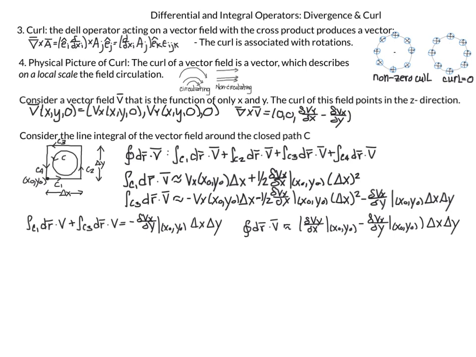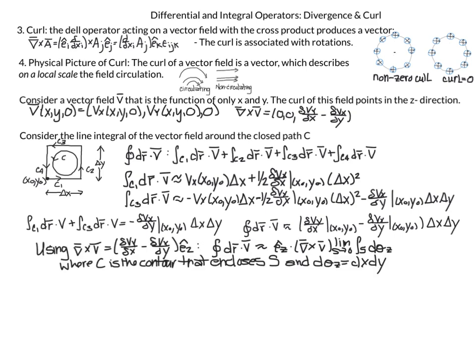It's approximately equal to the partial derivative of v_y with respect to x at (x0, y0), minus the partial derivative with respect to y of v_x evaluated at (x0, y0), all times delta x delta y. And here, the curl of v, when v is only a function of x and y, is equal to (0, 0, dv_y/dx minus dv_x/dy).